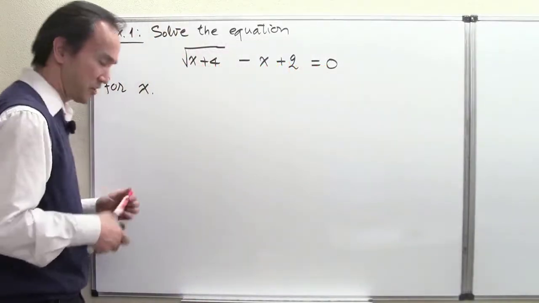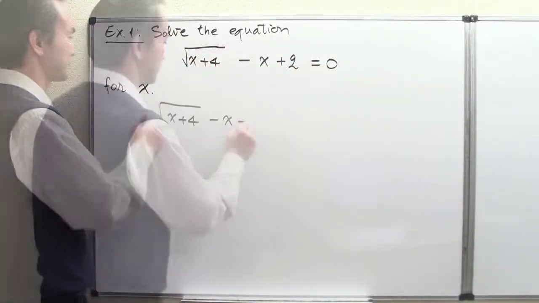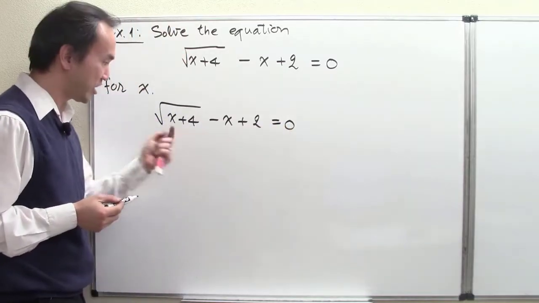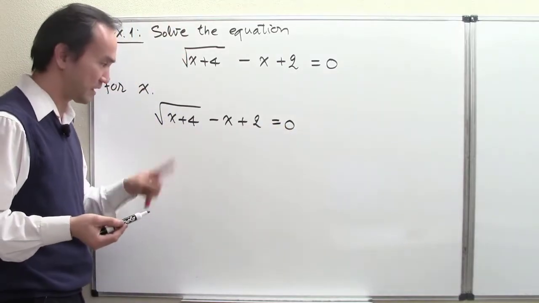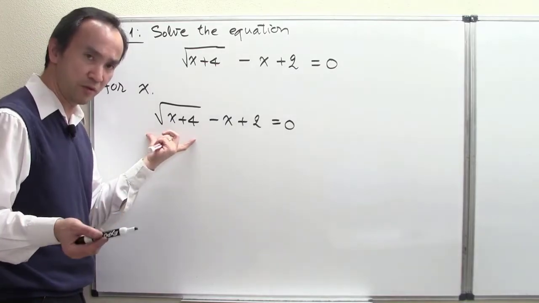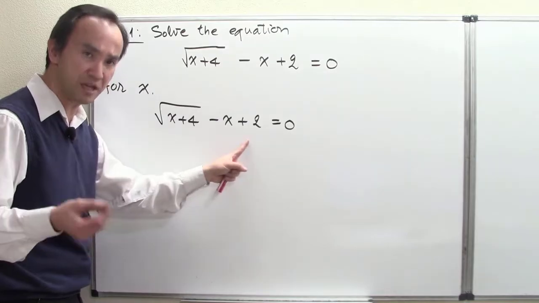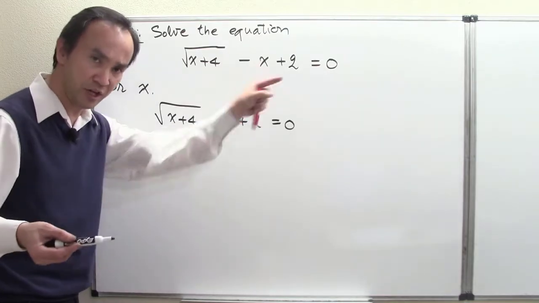So with our original equation having exactly one square root term, let's put that square root term on one side and all of the other terms, meaning the non-square root terms, on the opposite side.